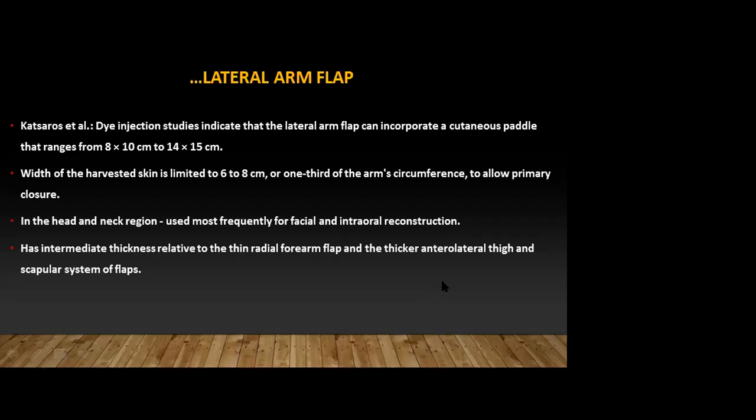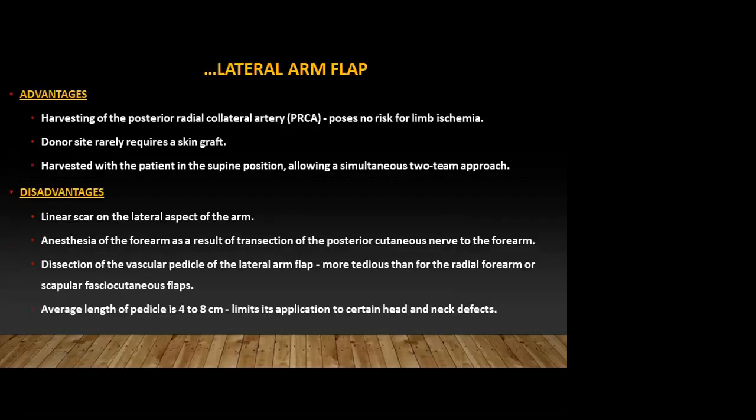The advantage of the lateral arm flap is that, in harvesting the posterior radial collateral artery, unlike the radial artery, there is no risk of hand ischemia. And the donor site rarely requires a skin graft. Most of the time, we can go for a primary closure.